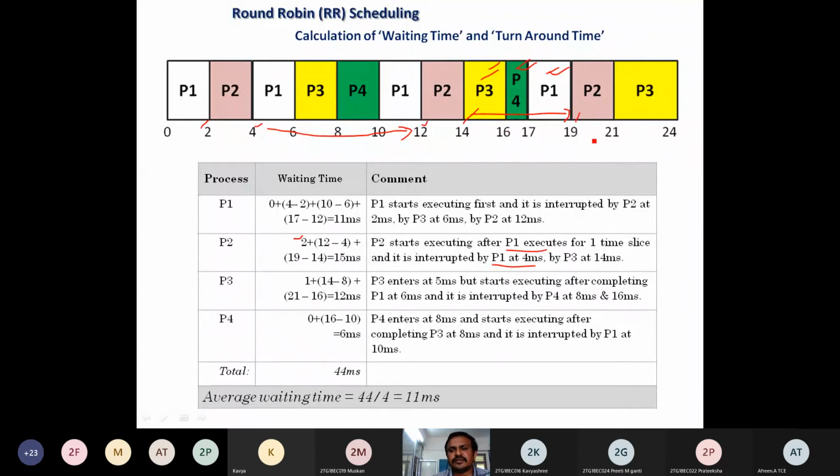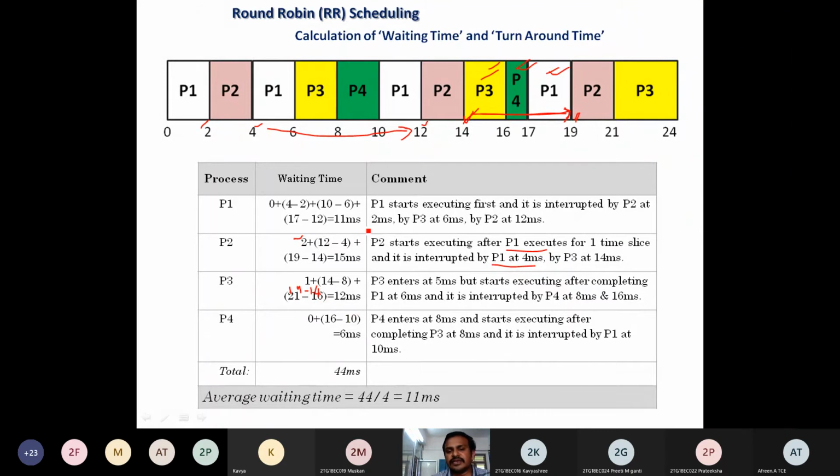The start time is 19 minus 14. Sorry, it is the waiting time, 19 minus 14, which is 5 milliseconds. So 19 minus 14 is the answer.